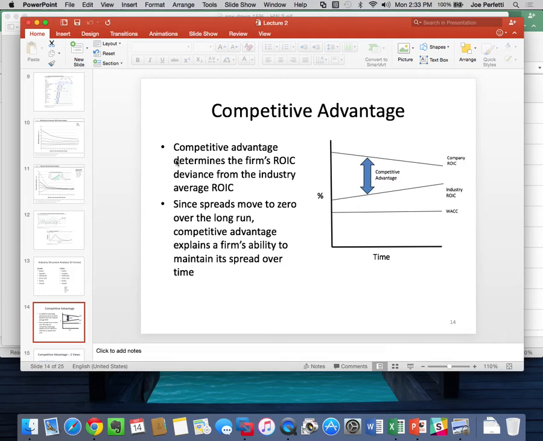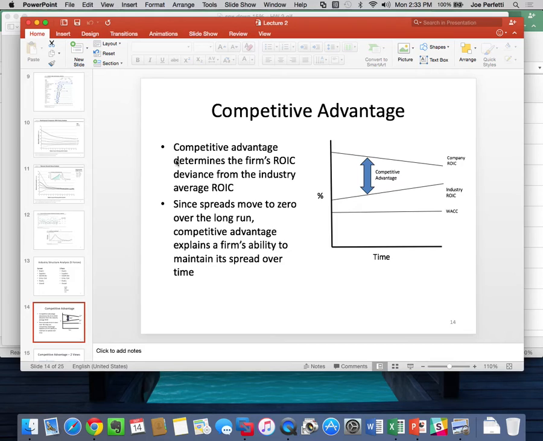I'm going to use a financial definition because this is a financial class, which says I need to demonstrate better spread than my peers, better ROIC-cost of capital spread than my peers over time. That's competitive advantage. Some companies make money not because they're better than other companies, but just because they're in good industries.